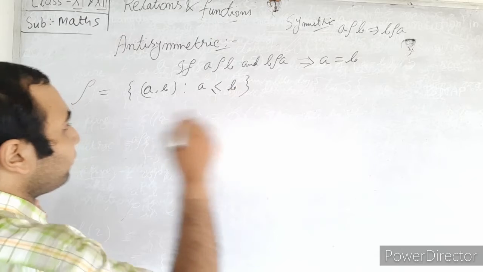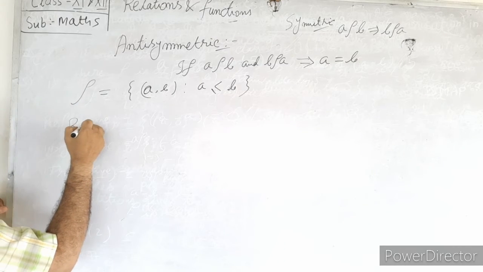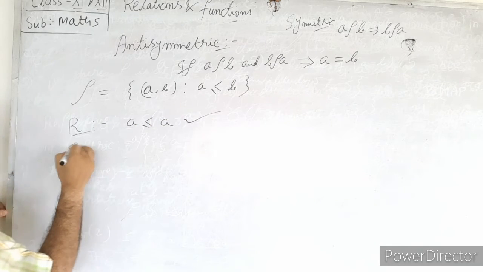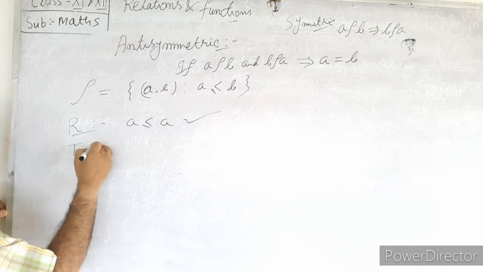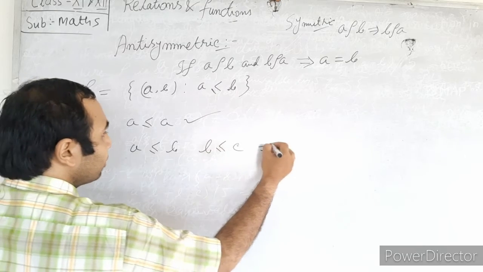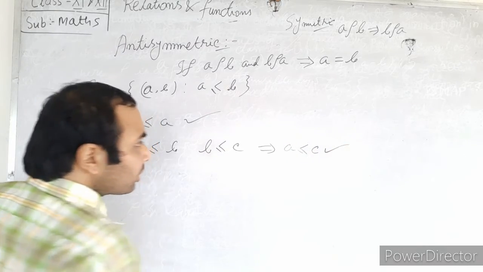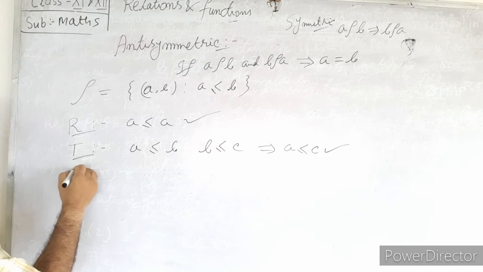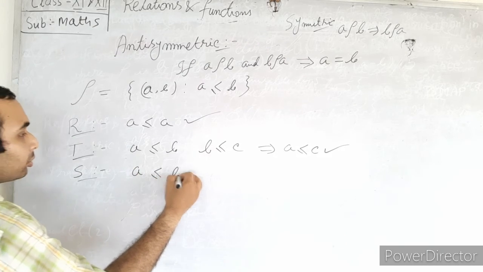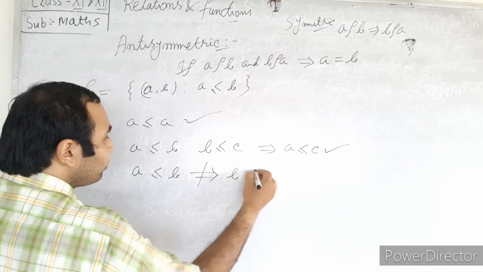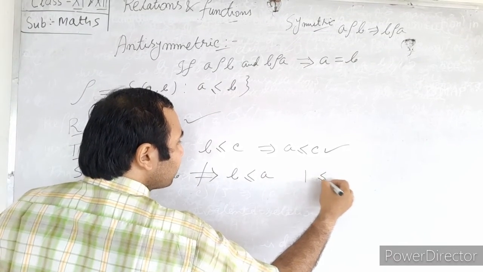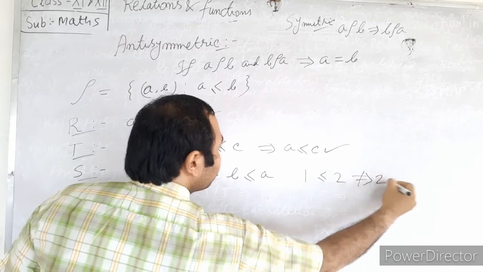Now this is reflexive, obviously. A less than or equal to A always holds. It is also transitive: A is less than or equal to B, B is less than or equal to C, so A is less than or equal to C. Those are the obvious cases. Now if we want to check the symmetry, A less than or equal to B doesn't imply that B is less than or equal to A. If we take an example, 1 is less than or equal to 2, but it doesn't mean 2 is less than or equal to 1.